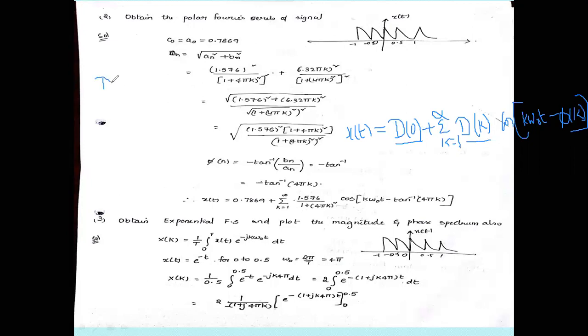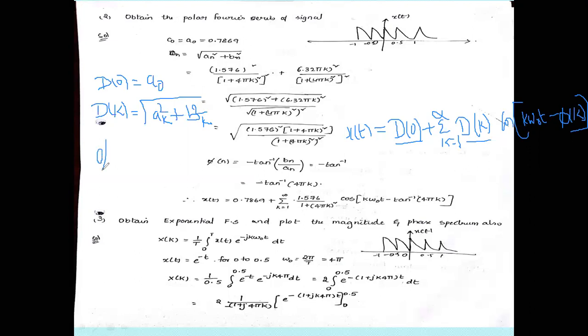Following, my students. So d of 0 is equal to a of 0 only, a suffix 0, and d of k is equal to the magnitude, square root of a suffix k square plus b suffix k square. And what is the phi of k here?